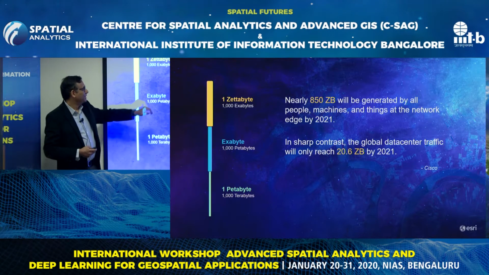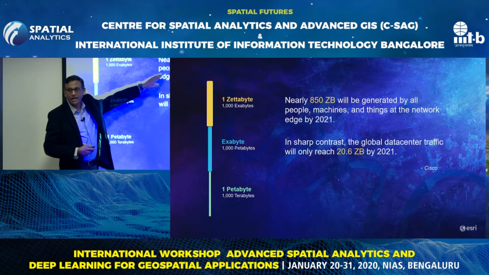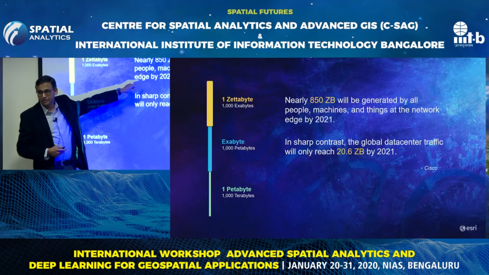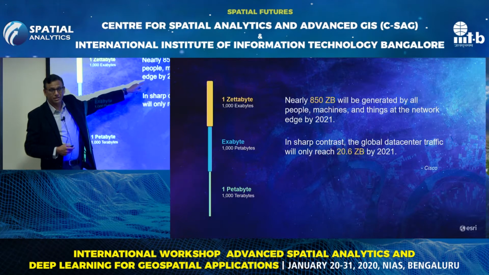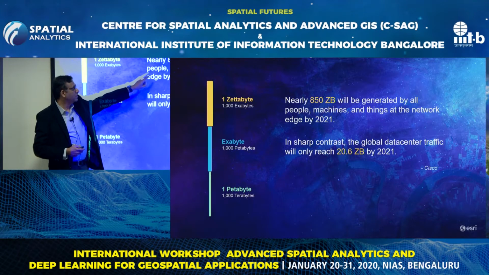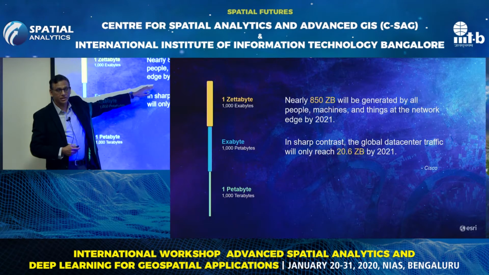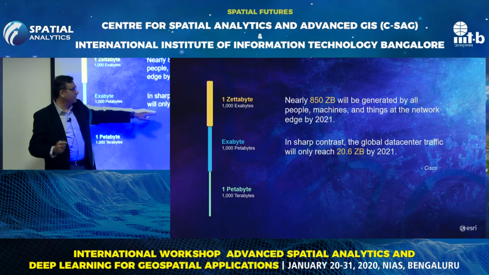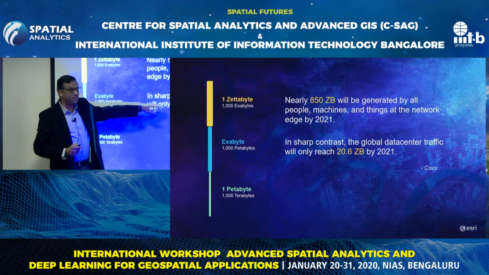So this is how much data: 850 zettabytes. This is generated data, not stored data that I'm talking about. This is how much data is generated by people, machines, and things on the network edge. But the global data center traffic of all the data centers in the world can only reach this much in that year.